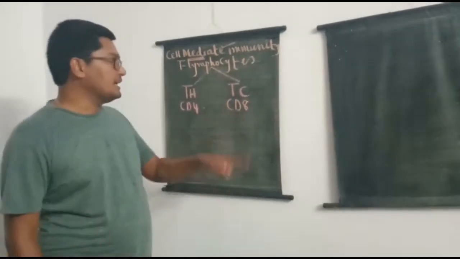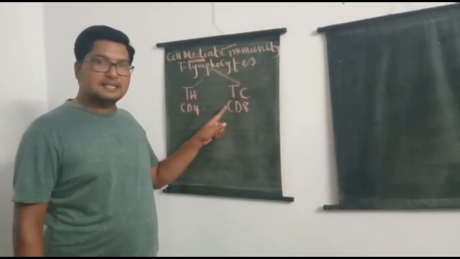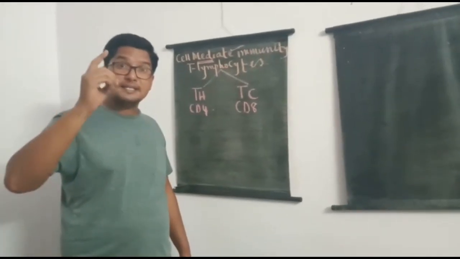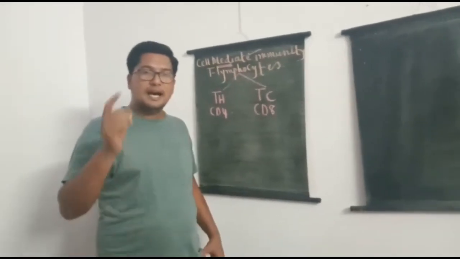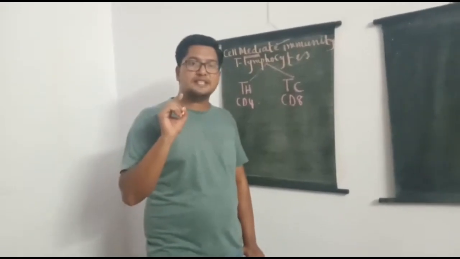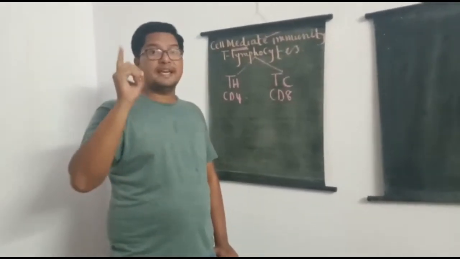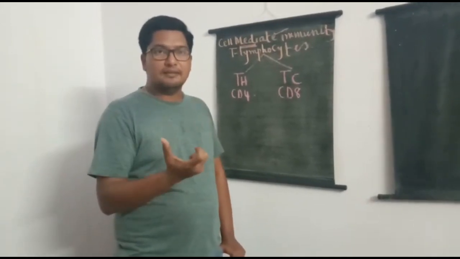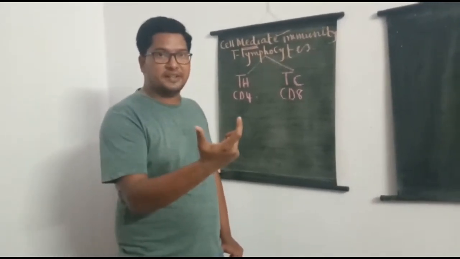And TC, cytotoxic T cells, are the cells which offer us the highest level of immune response. The highest level of immune response is called cytolysis. The name itself indicates: cyto means cell, lysis means destruction.